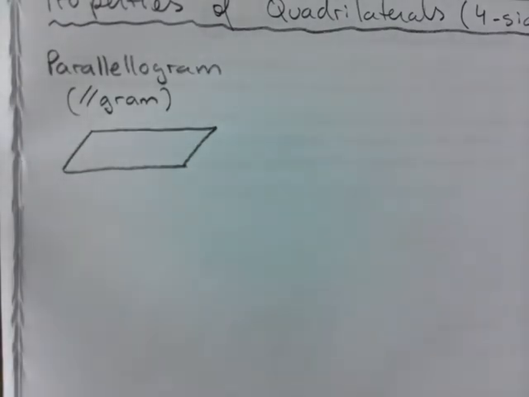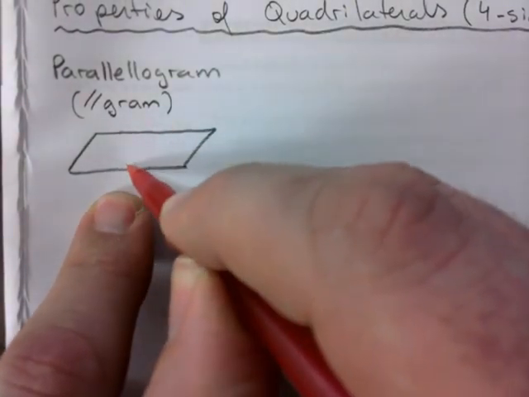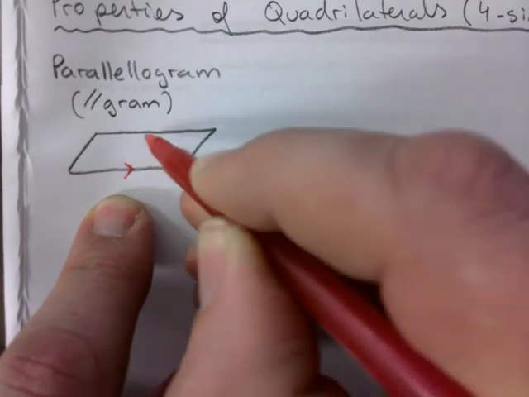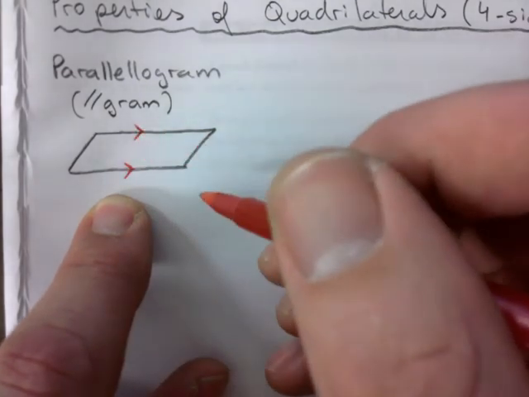Okay, I'm going to use red and blue to make it stick out. So the first property about a parallelogram is that this side right here, with an arrowhead, is parallel to that side. Anybody know what parallel lines mean?